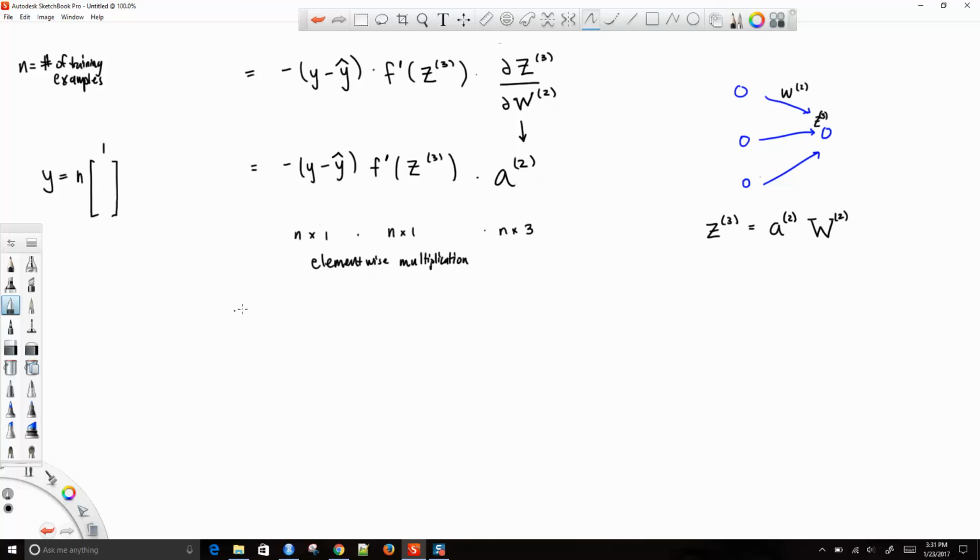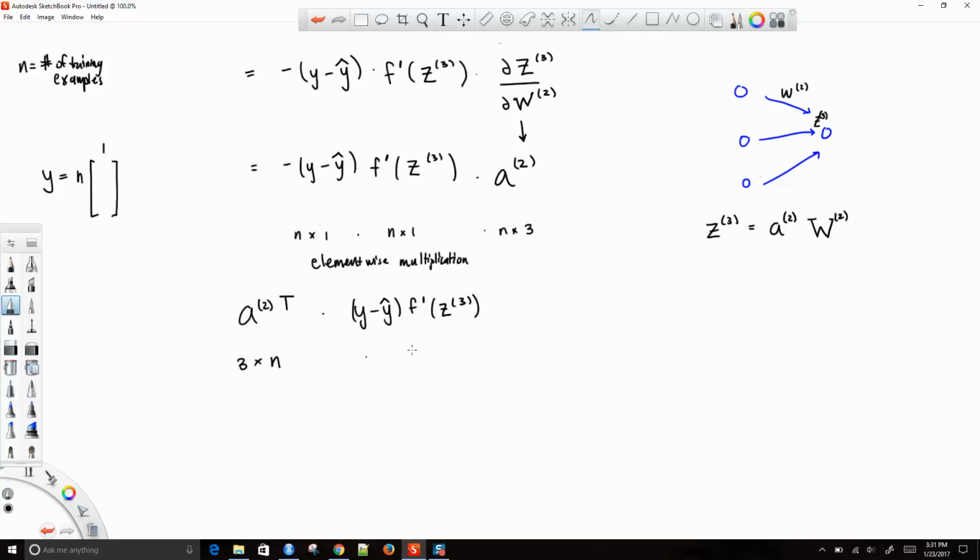If I take A2 transpose, now we have a 3 by n, and then I can multiply this by y minus y hat and f prime of Z3.